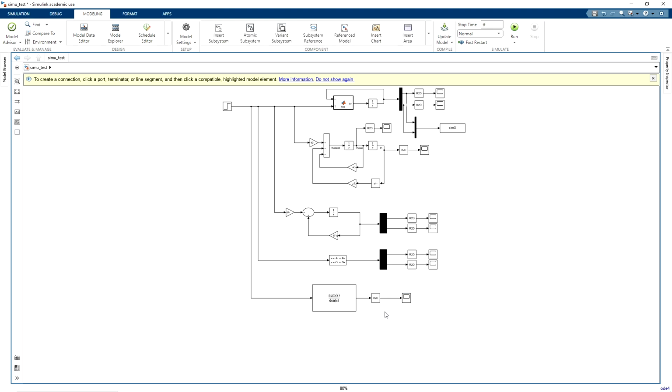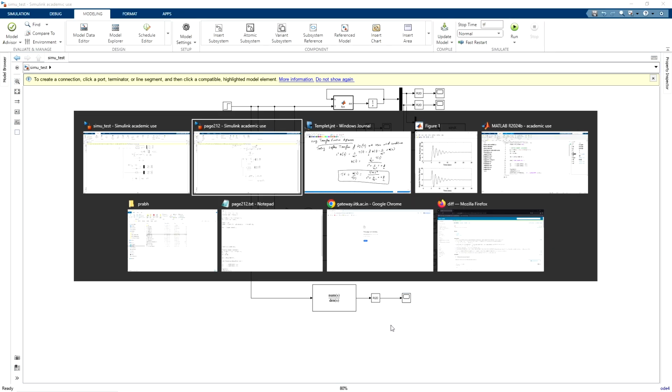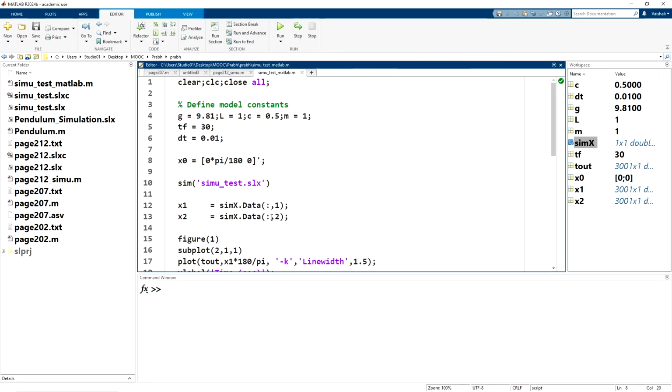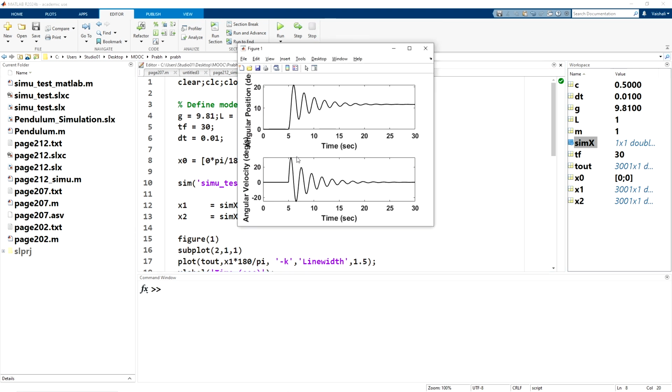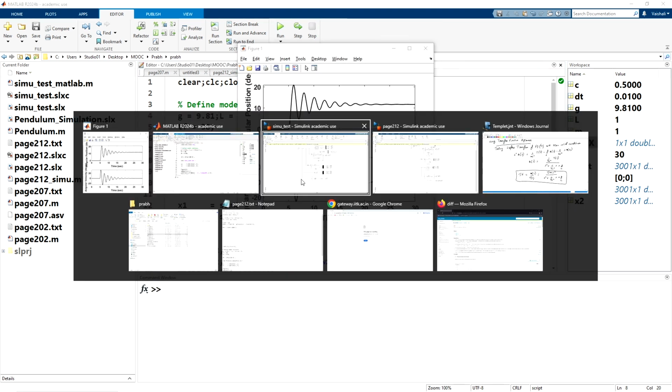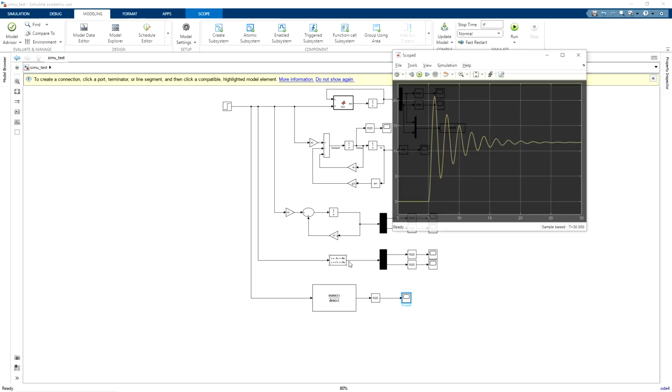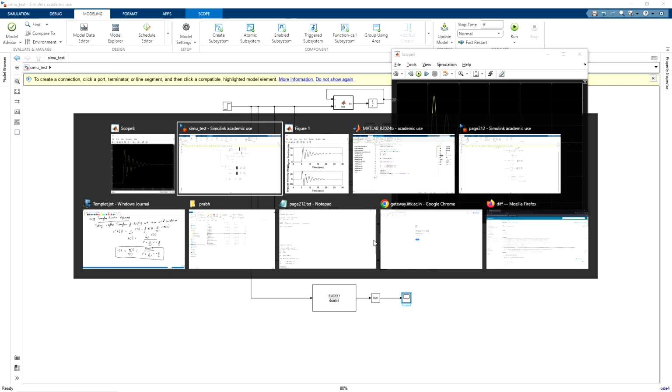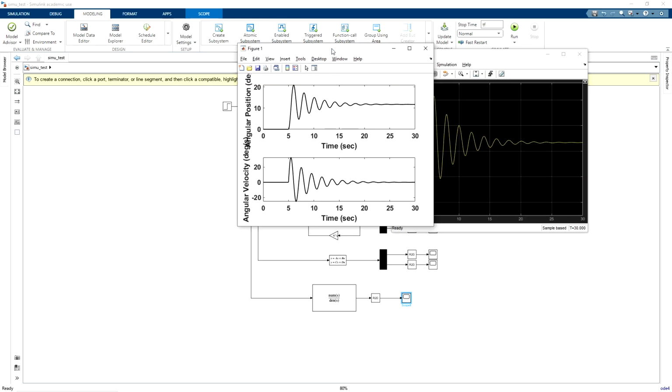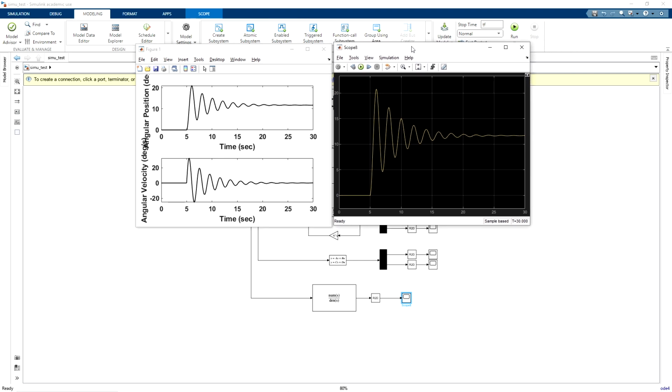All right. I am saving it and I am running the code. So we get a similar angular position response here.